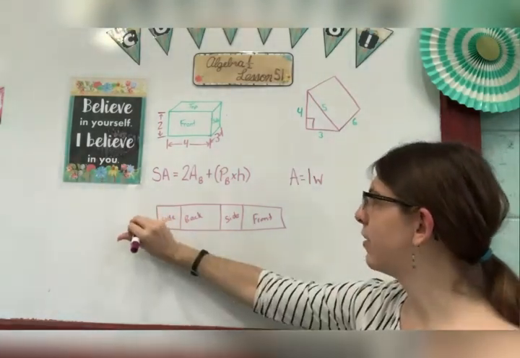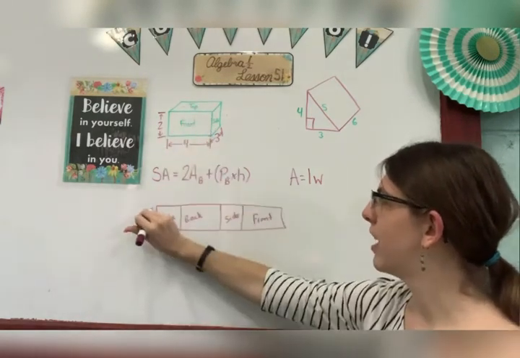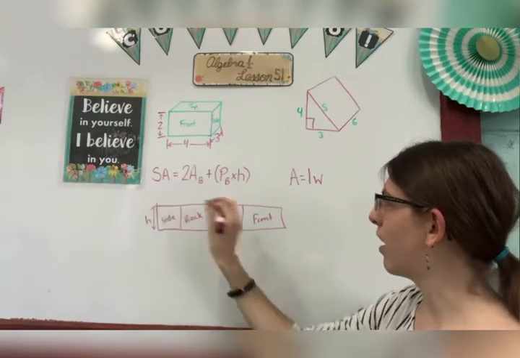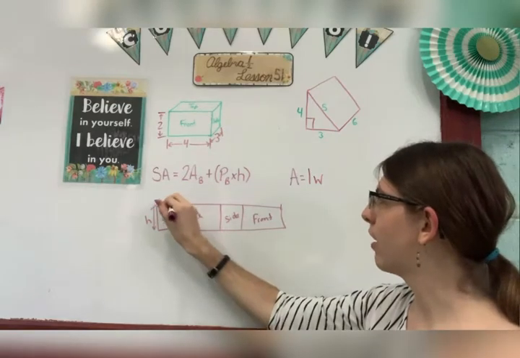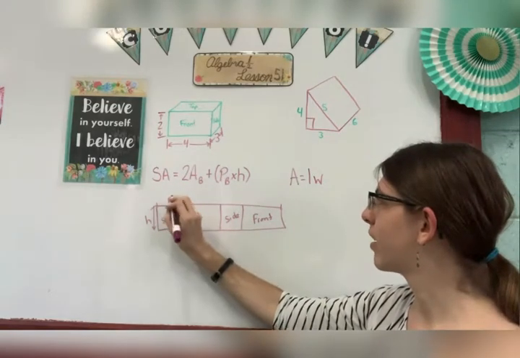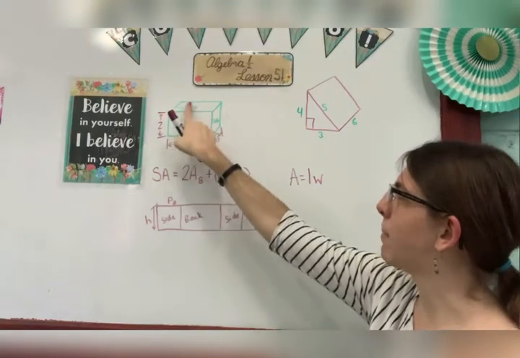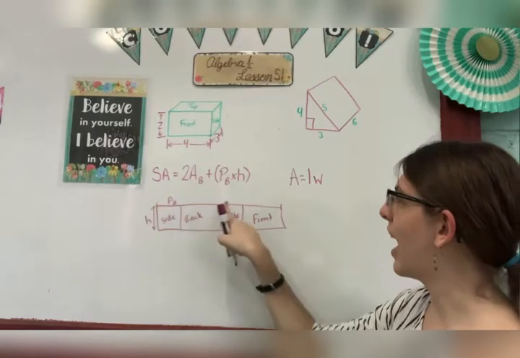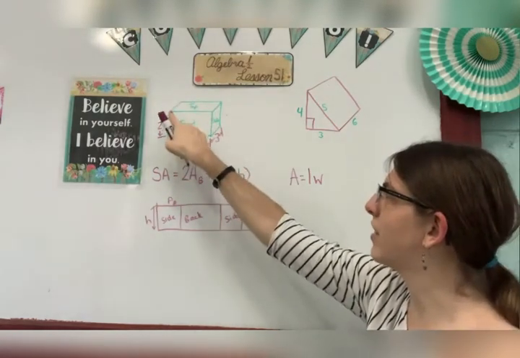The height right here of this shape doesn't change. This part right here is the perimeter of the base, because the base is this part right here. The perimeter is all of these sides added together. The side of this front, the side here, the side there, the side there.